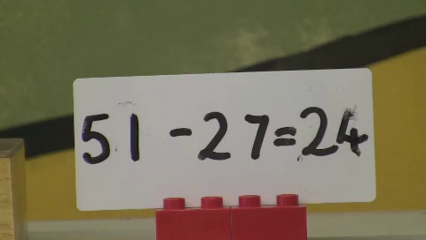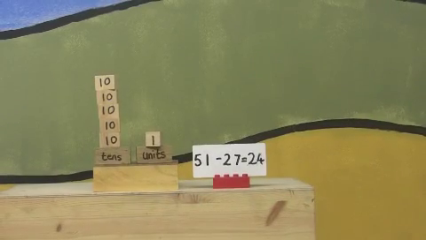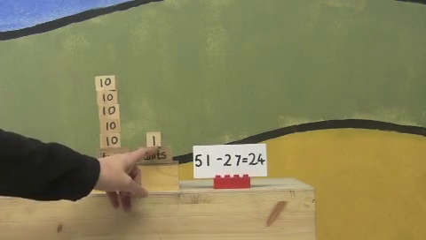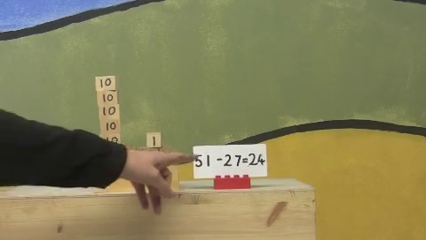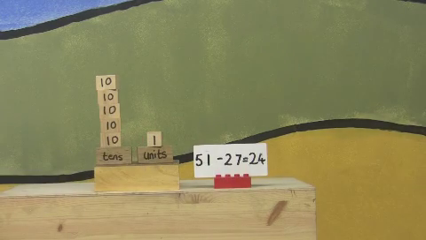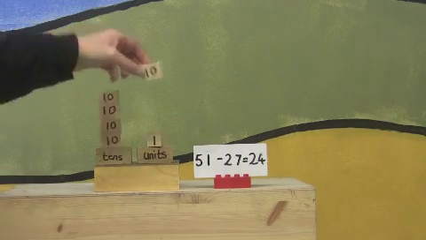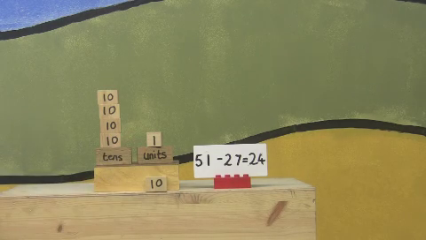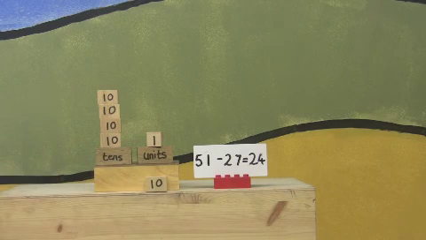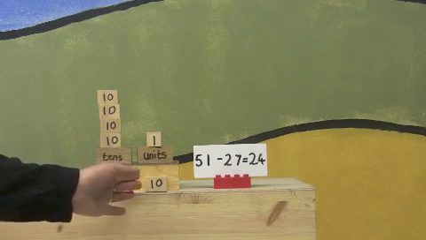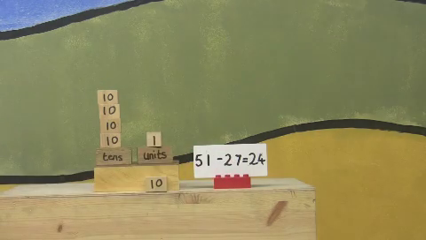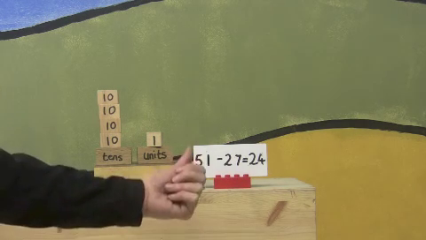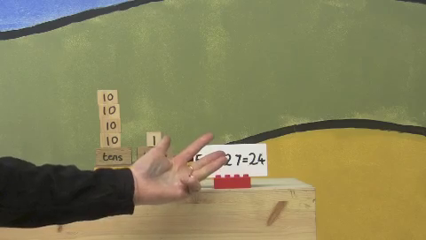Let's do that again. 51 take away 27. There's my 5 tens and 1 unit. I can't take 7 away from 1. So I'll go to the tens and borrow 1. Now I have 11 in the units and 4 tens. 11 take away 7 is 11, 10, 9, 8, 7, 4.